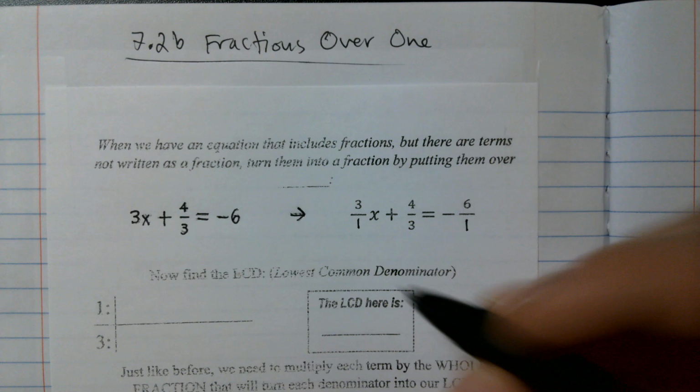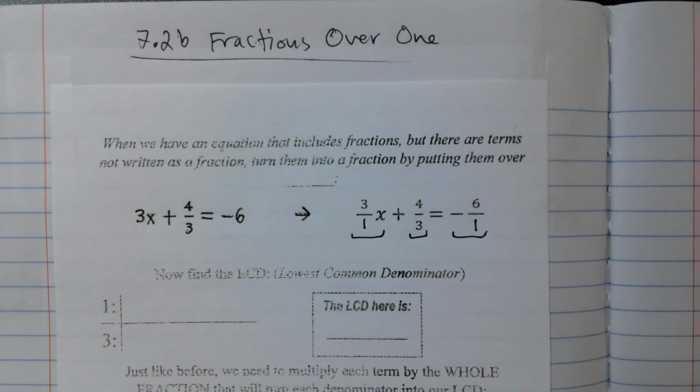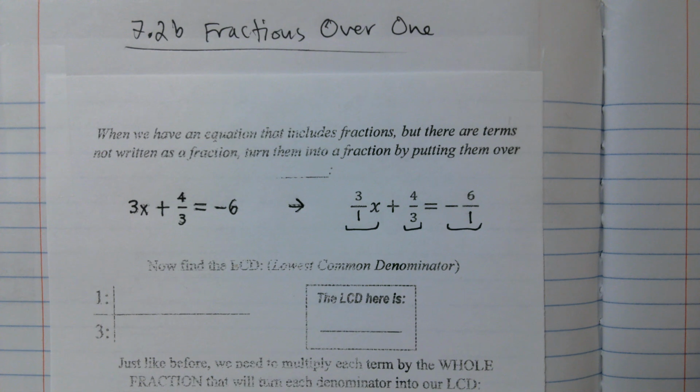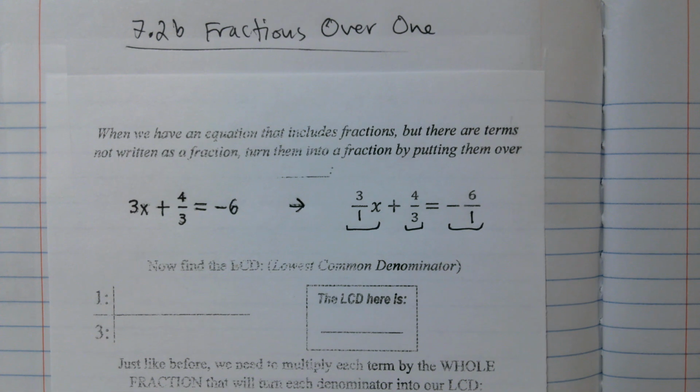Now all three of my terms, term 1, term 2, term 3, are fractions. Now I'm going to do exactly what we did yesterday. That's the only different thing today: if you see something that's not a fraction, put it over 1.